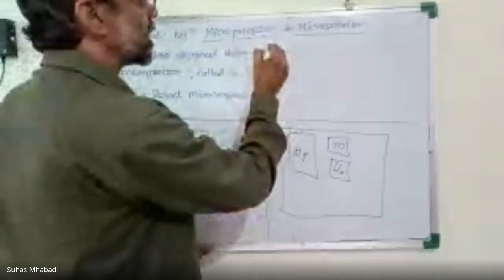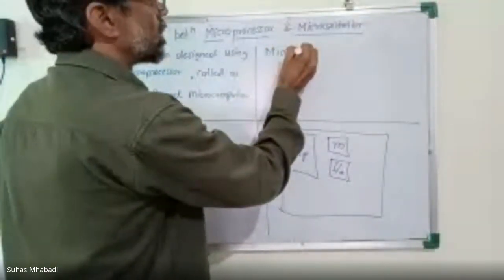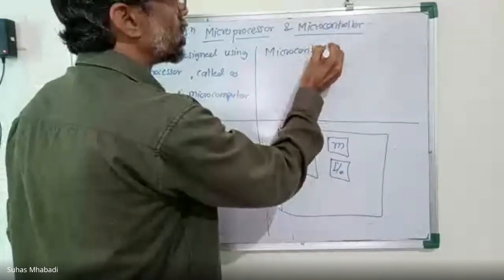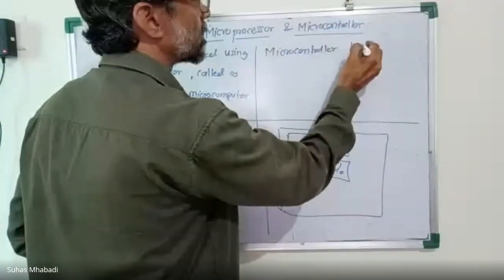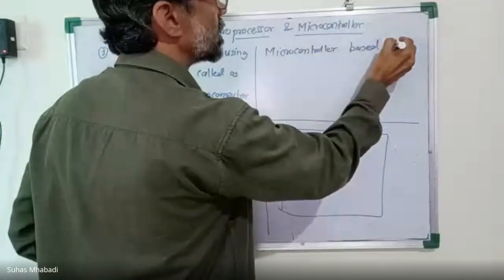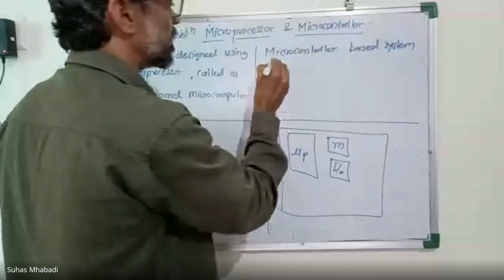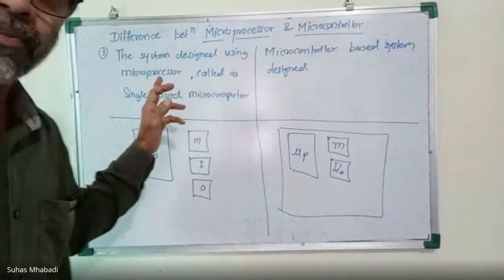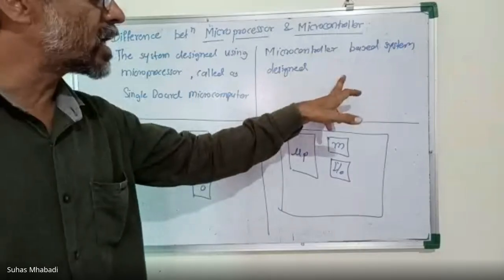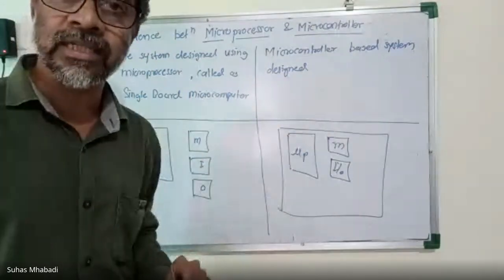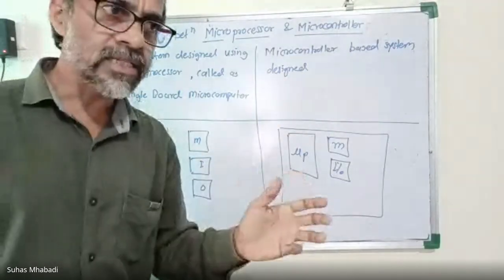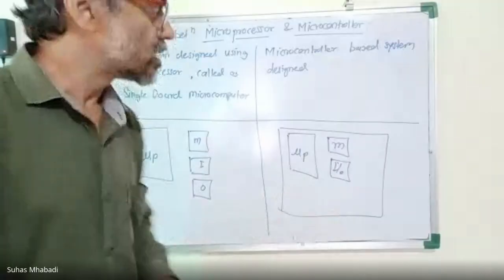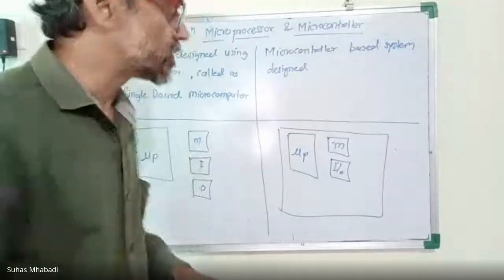So you can say that microcontroller based system design. जशी ही होती मायक्रोप्रोसेसर बेस्ड सिस्टीम डिझाईन, तसं हे आहे मायक्रो कंट्रोलर बेस्ड सिस्टीम डिझाईन. हे पण काय आहे, this is also a microcomputer, but that is on a single chip.